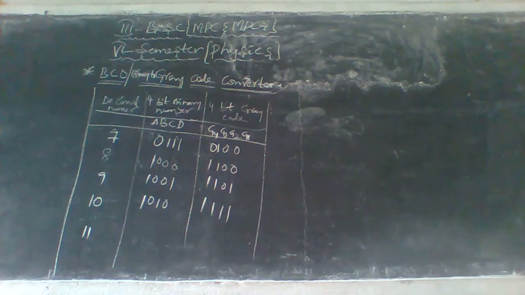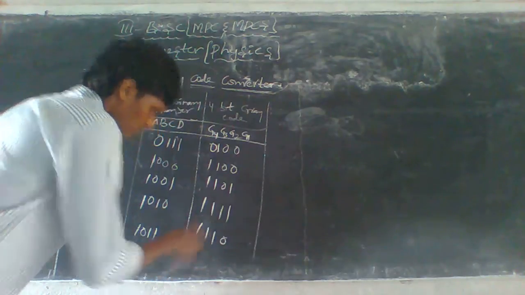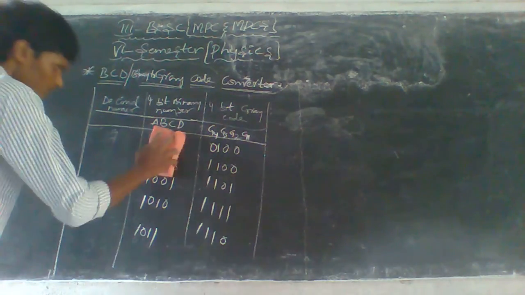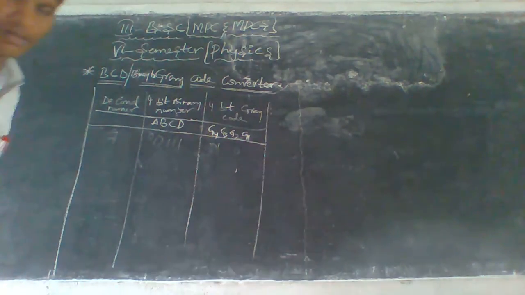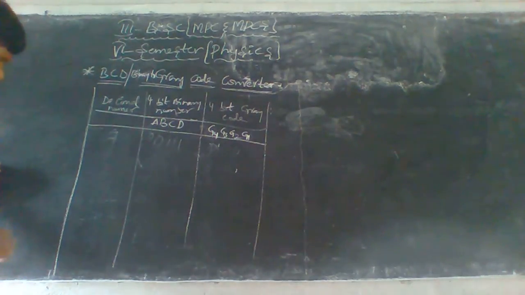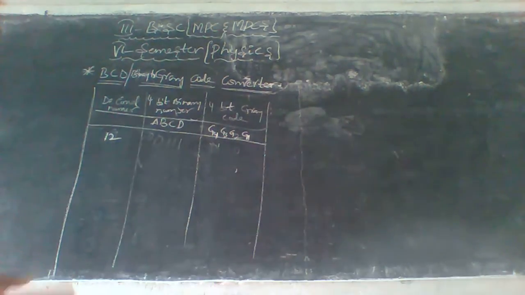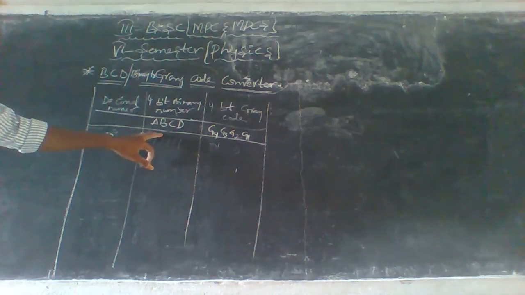For 11, the 4-bit binary number is 1101, and the 4-bit gray code is 0111. For 12, the 4-bit binary number is 0011.